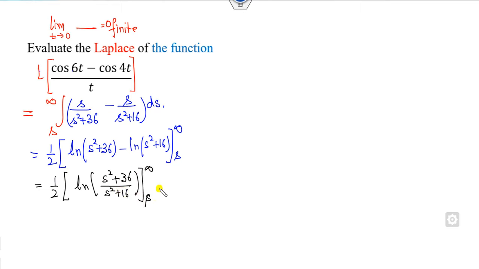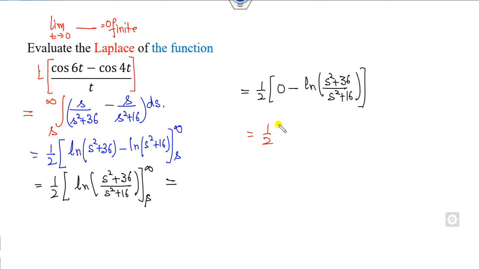Again you can see if you substitute infinity, it is 1, and ln 1 is 0. When you substitute the lower limit, it is ln of s square plus 16 over s square plus 36. So the right answer is half ln of s square plus 16 divided by s square plus 36.